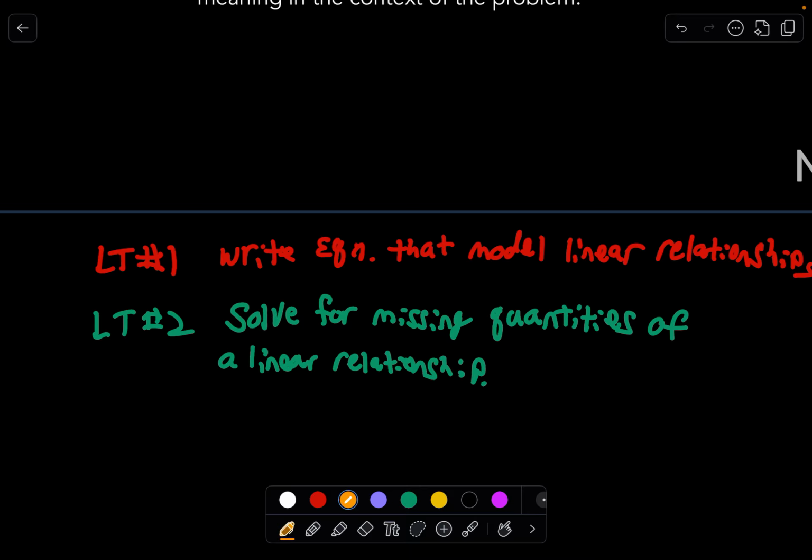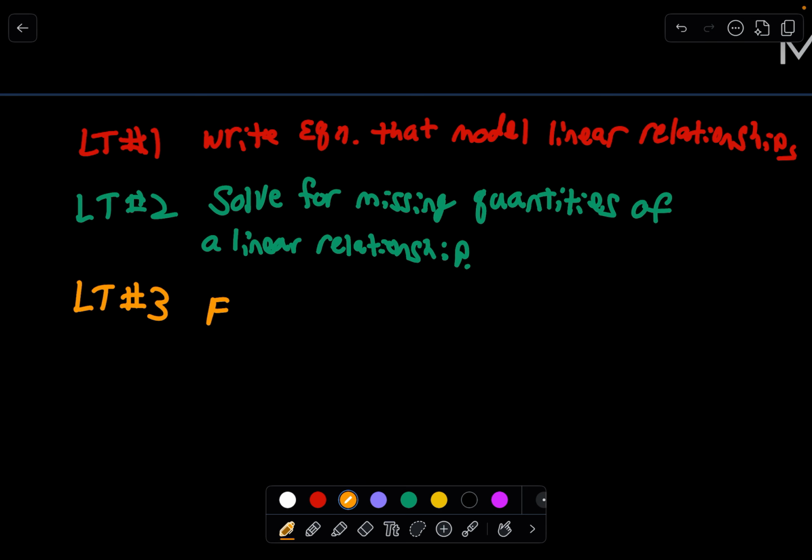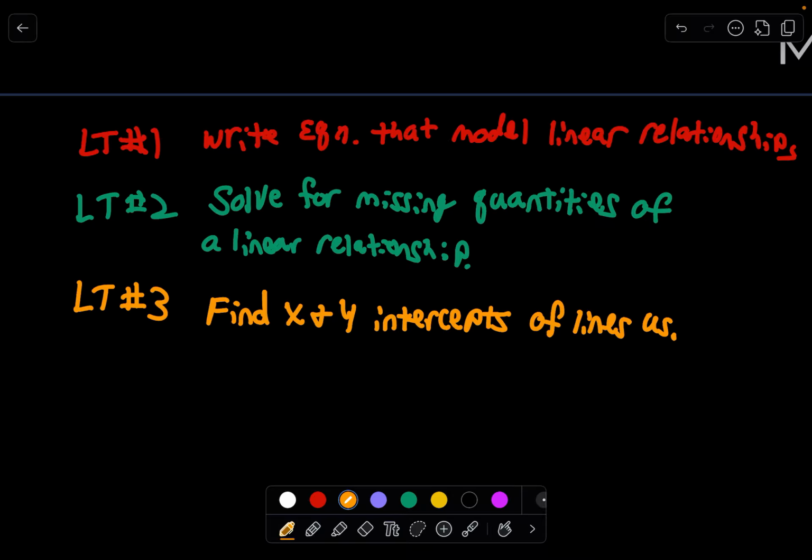Okay. And learning target number 3 was find x and y intercepts of lines using tables, graphs, and the actual linear equations.